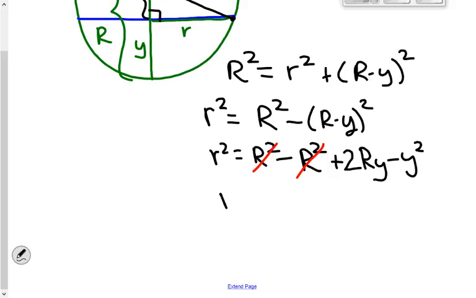And then yes, as Priya suggested, I'm going to take the square root of 2ry minus y squared. I was just going to ask that question. Should I put a plus or minus sign in front of it? What do you think the answer is? Why not? Right, the radius can't be negative.